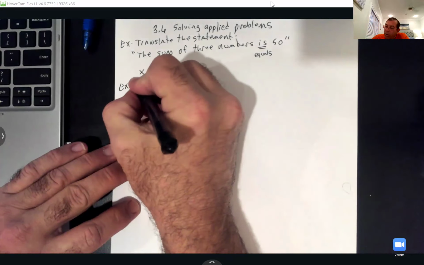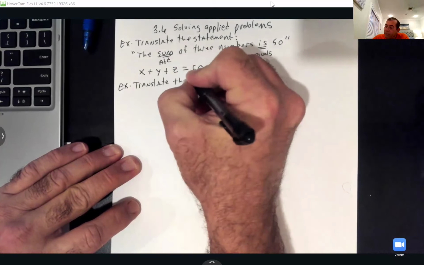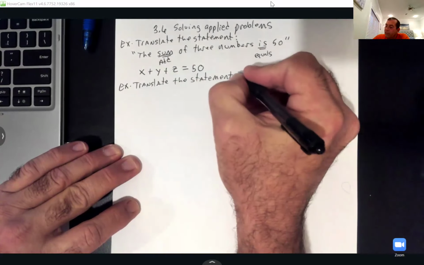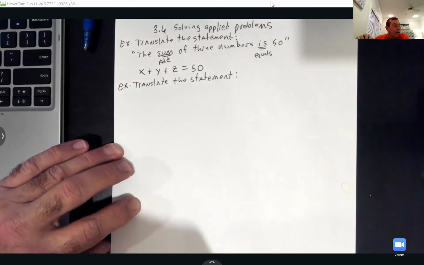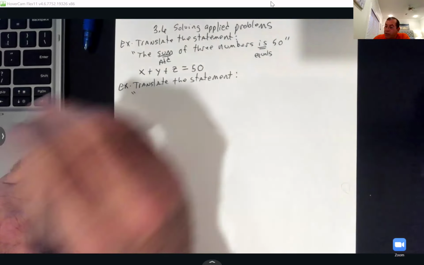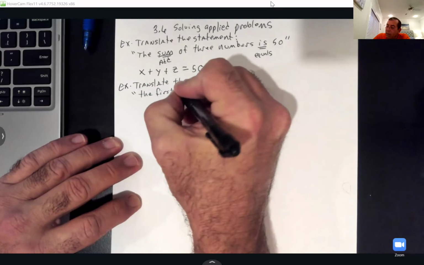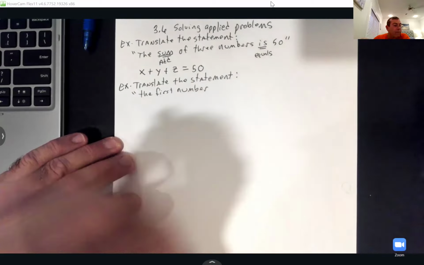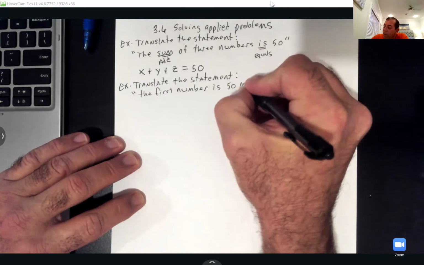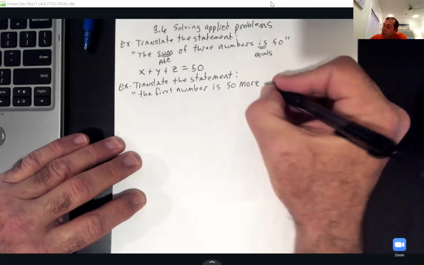So here's another one. We're going to translate the statement. All right, so this one says the first number is 50 more than the sum of the other two numbers.